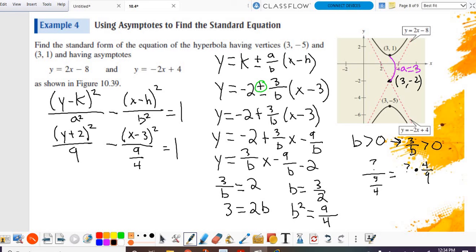If we think about that the same way for our equation, notice that we would have the 4 in front and the 9 at the bottom. And that would be our final equation.